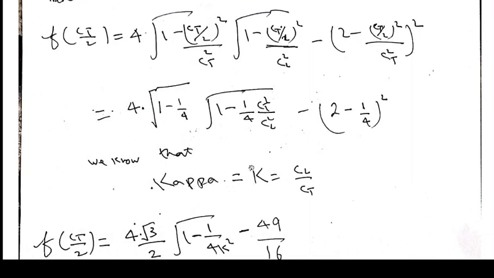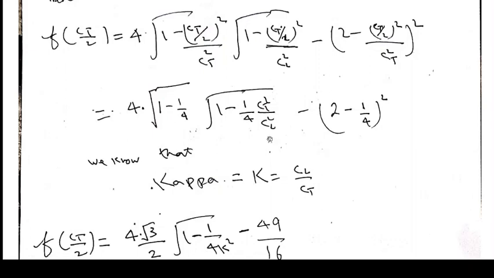Here we will use this Greek letter kappa. This is the standard notation for the ratio of Cl to Ct, this is the material constant. If you use the words material constant kappa, then everyone knows that kappa is equal to Cl by Ct.